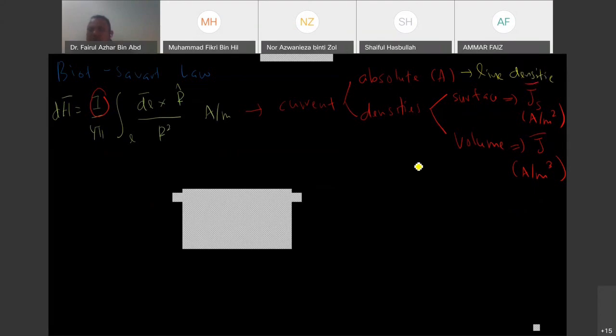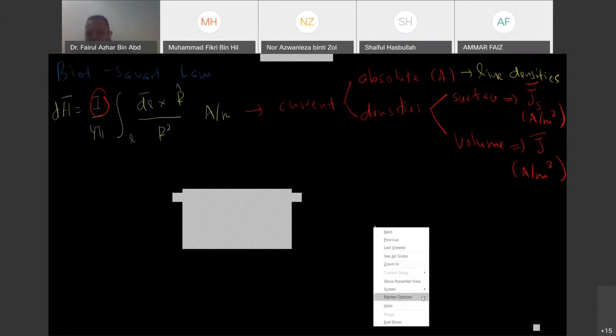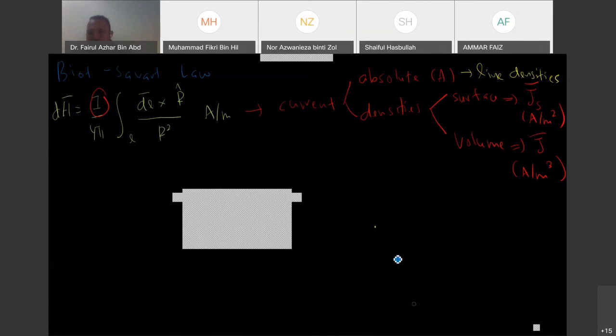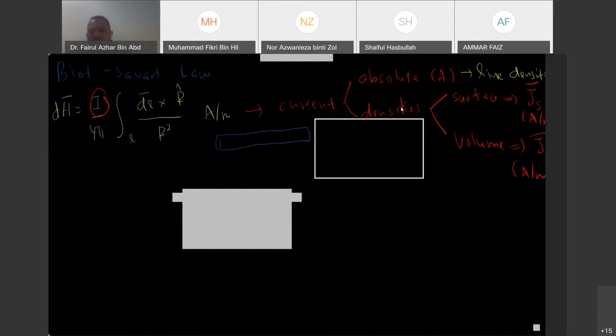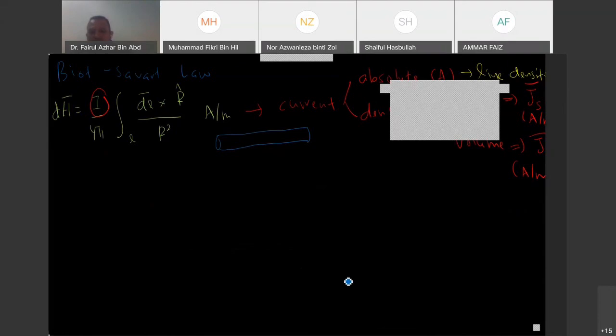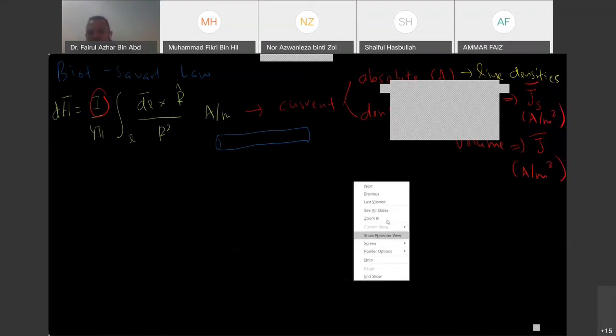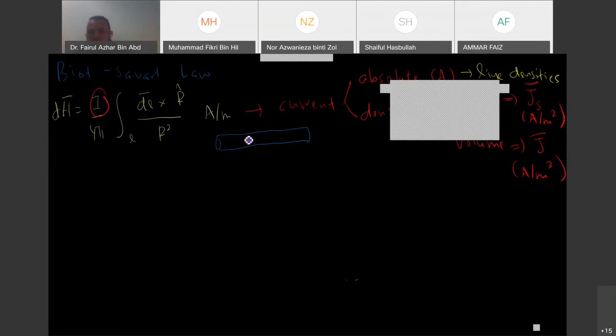Because normally when we talk about current, we consider a conductor. Say we have a cylindrical shape conductor, and we consider the current that flows inside this conductor.